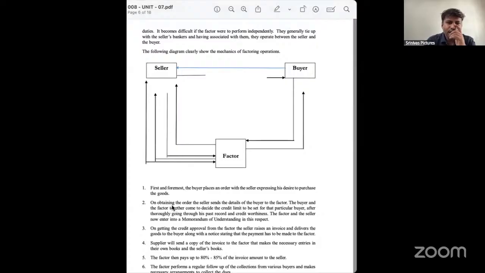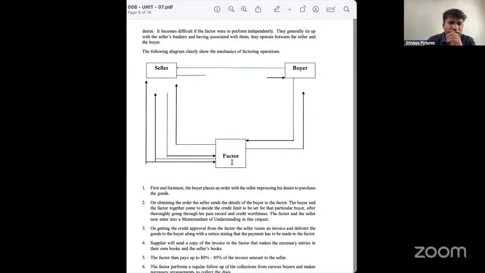Second, on obtaining the order, the seller sends the details of the buyer to the factor. The buyer and the factor together decide the credit limit for the particular buyer.